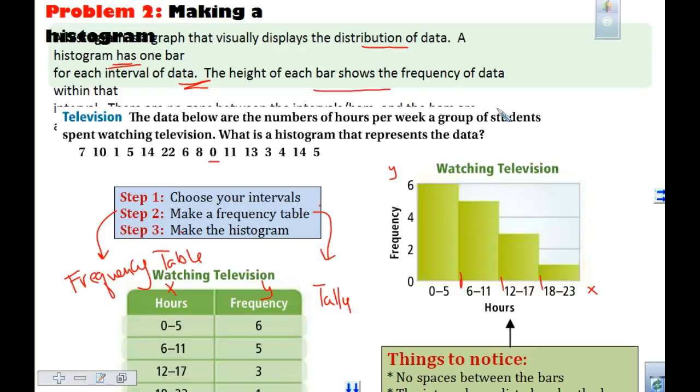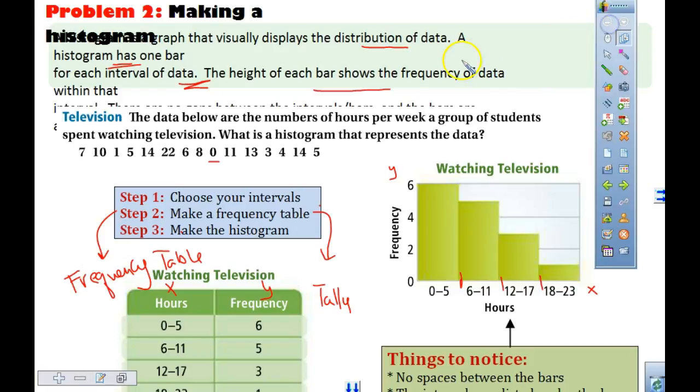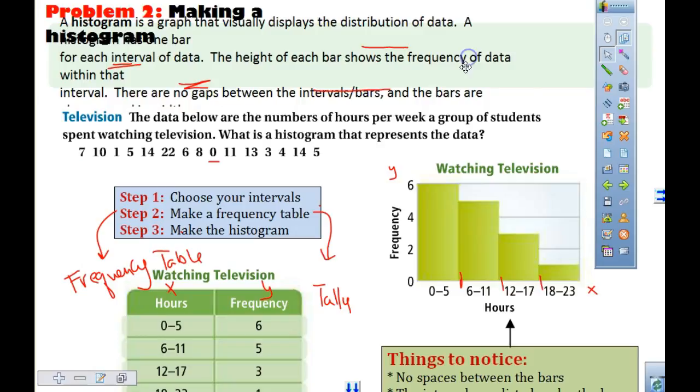The height of each bar shows the frequency of the data within the interval. There's going to be no gaps when we look at ours. The bars are always going to be equal width when we look at those. So as you're looking at that data, that's what you need to be really careful for. That there's going to be no gaps between our bars as you look at those.